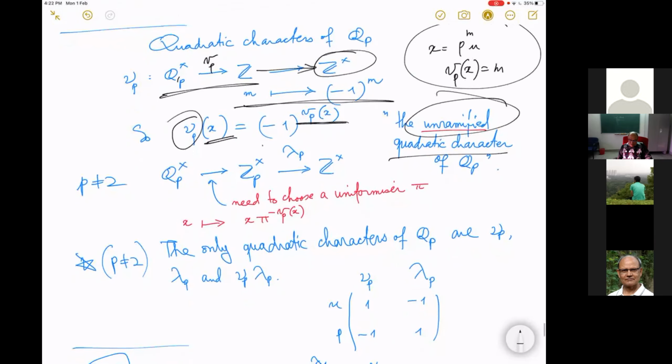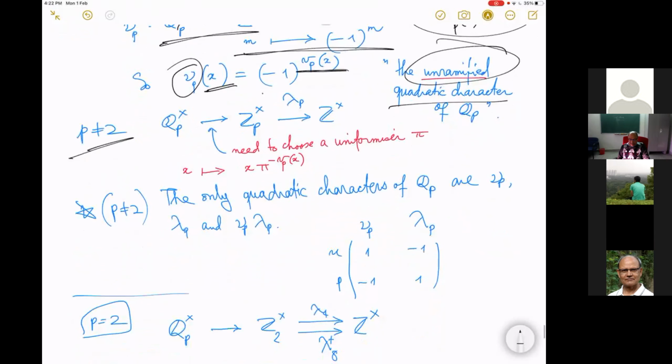So for p different from 2, I have these other quadratic characters. For naming these other quadratic characters, you have to choose a uniformizer. So once you have chosen a uniformizer pi, you get a map from Qp star to Zp star, right? What is that map?